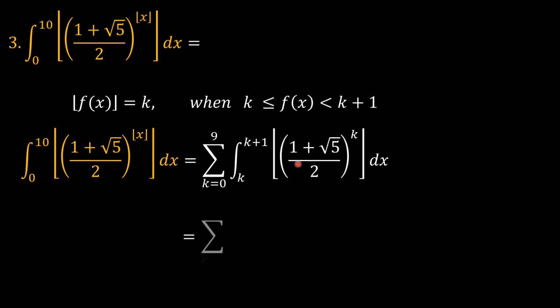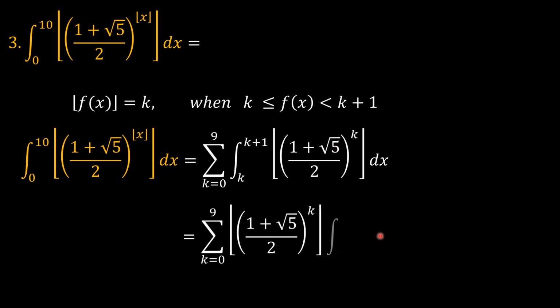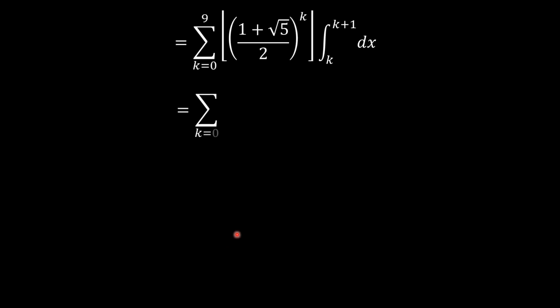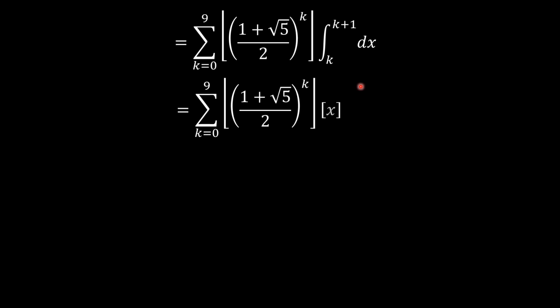Now we can go ahead and say, okay, this is a constant, right? So in other words, we're just going to integrate 1. We pull that constant out. And that means that now we have x with limits k and k plus 1. So k plus 1 minus k is just going to be equal to 1.